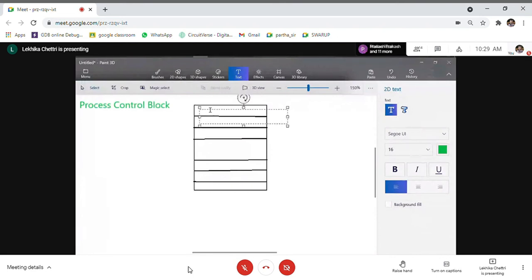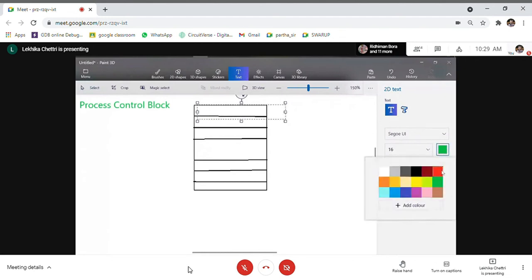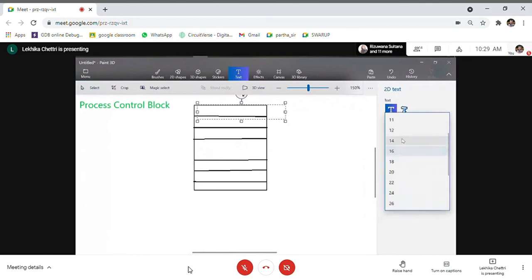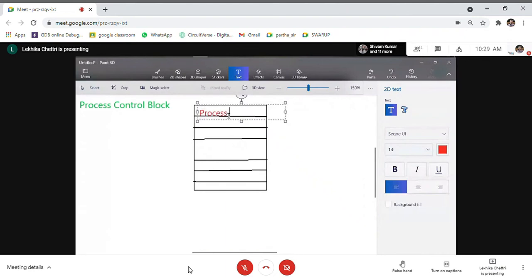So what do I have in my PCB at the first? At first, I store the process state. Whatever process I have right now, what is the state of that process? For example, the browser here.